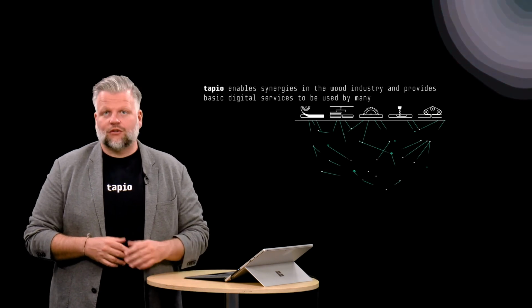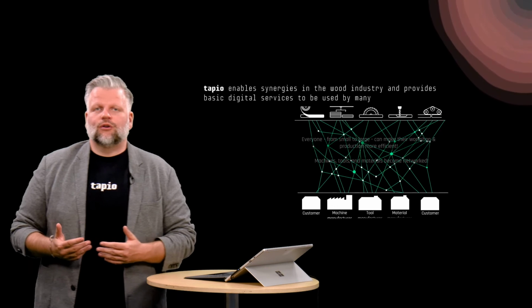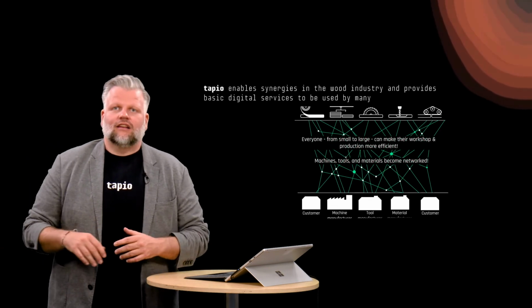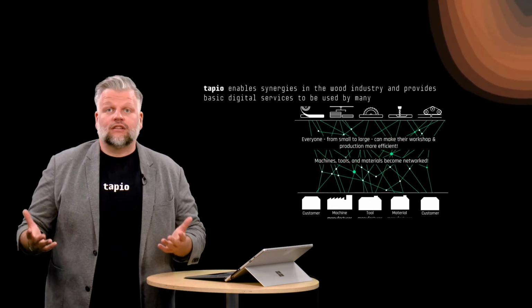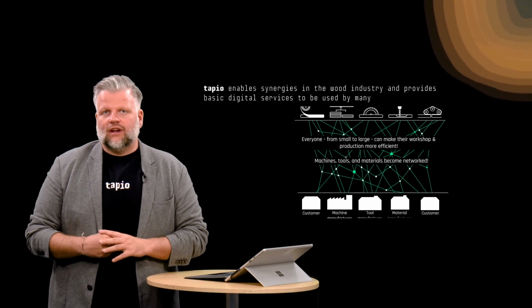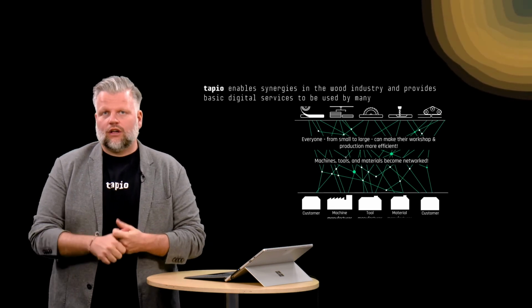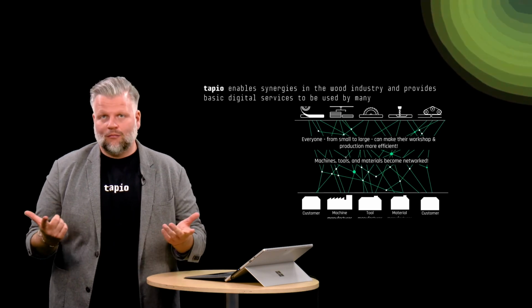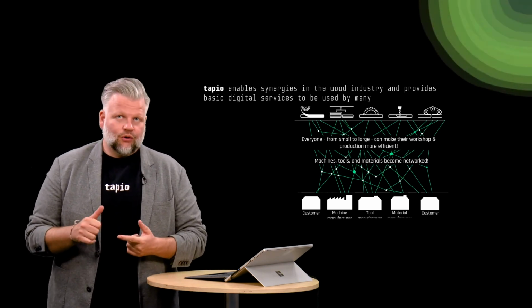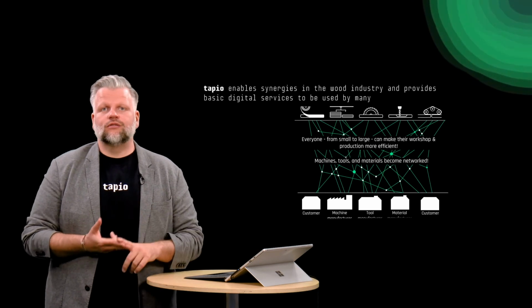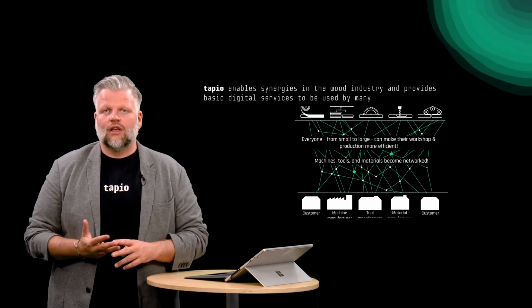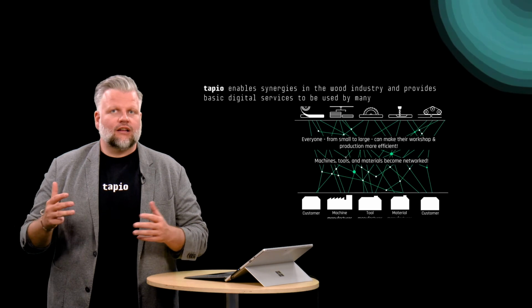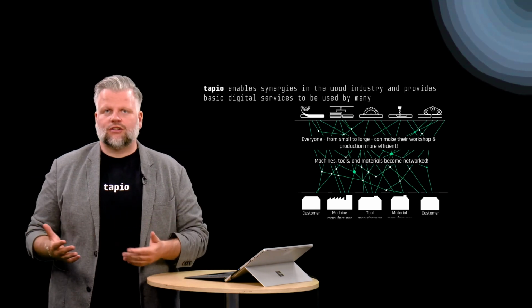Therefore, we created Tapio. Tapio, as an open approach, combines and networks all the participants in the wood industry. We created a technology platform with one login, one Tapio login. You get one administration portal, called My Tapio, where you manage your licenses, your machines, your users, your production, your shop floor, independently of every manufacturer brand.